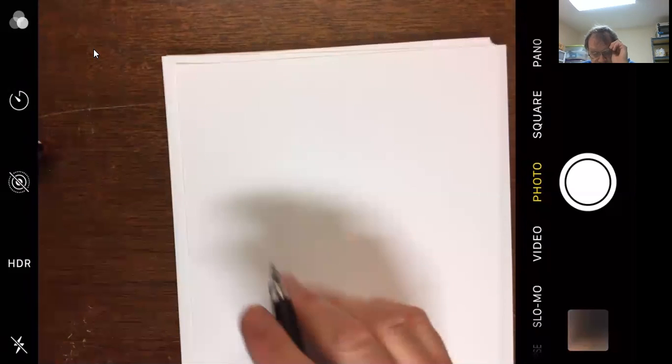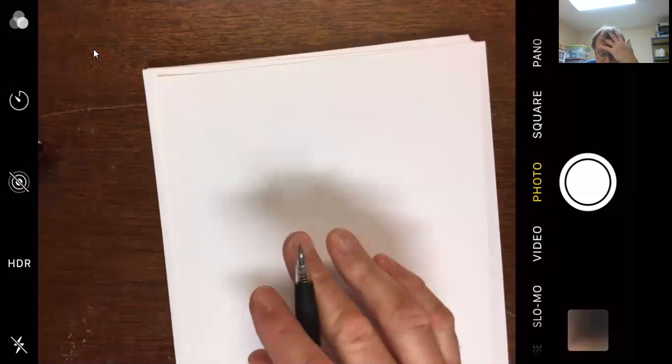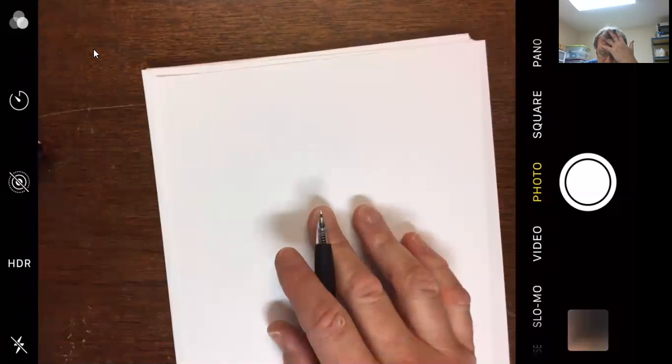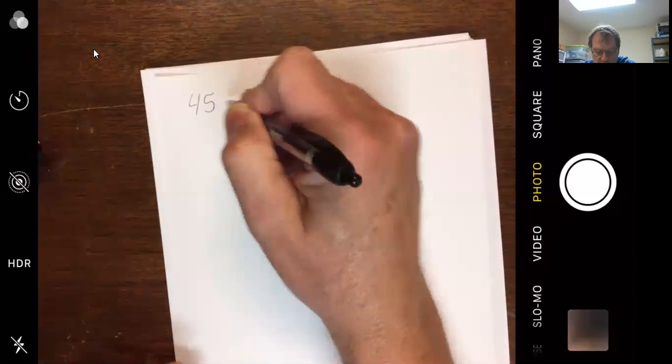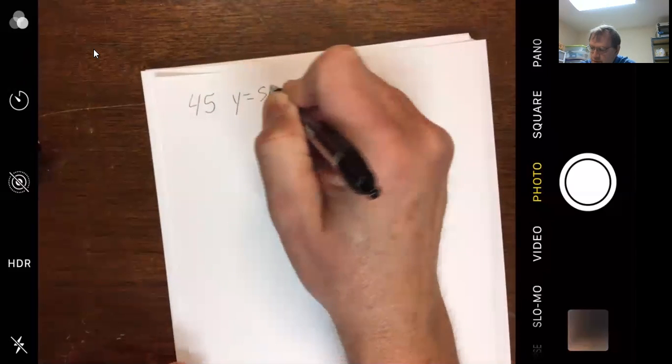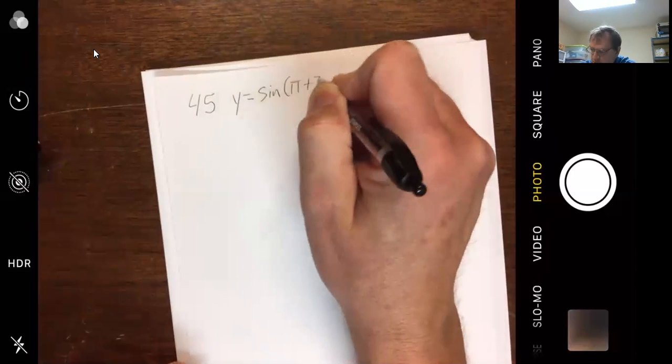Okay. Do we have any? Nope. Okay. So let's see, what others can we do? I did 39 the other day. You've done 35. Why don't we try one, yeah, a tricky one like 45. It's written backwards, sine of pi plus 3x.